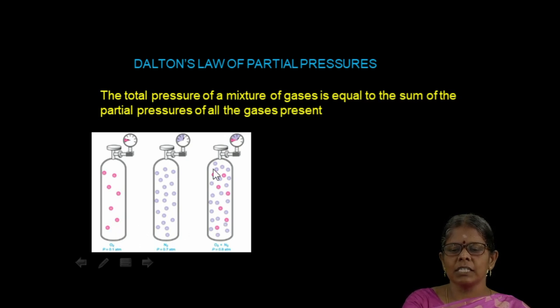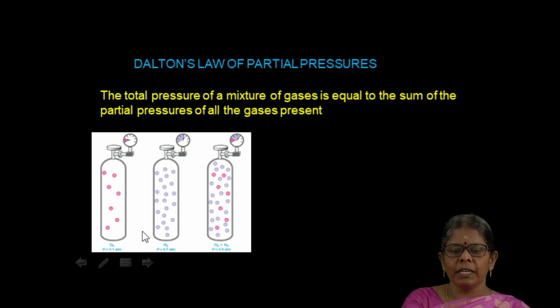In this case, it is a mixture of both gas 1 as well as gas 2. Here the pressure exerted by both types of gases is equal to the total pressure. The pressure exerted by one type of gas alone in this container is called the partial pressure.